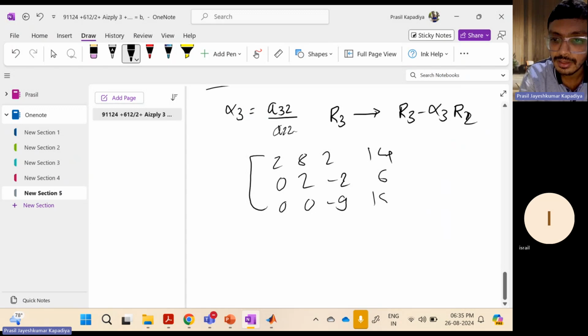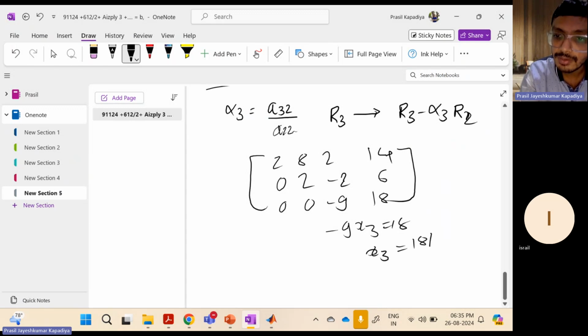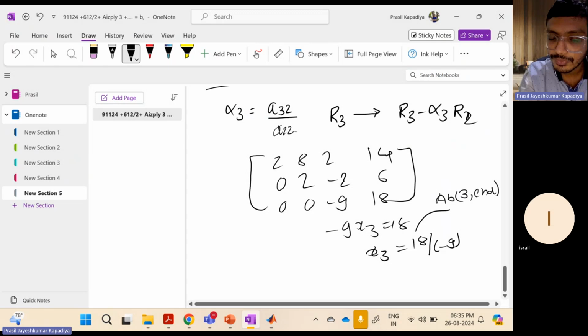So my minus 9x3 is equal to 18. So x3 is equal to 18 divided by minus 9. I can define my x3 as the augmented matrix third row last element divided by the augmented matrix third row third element.